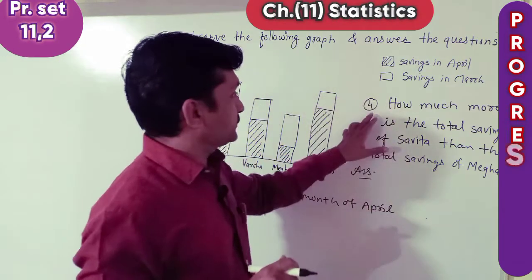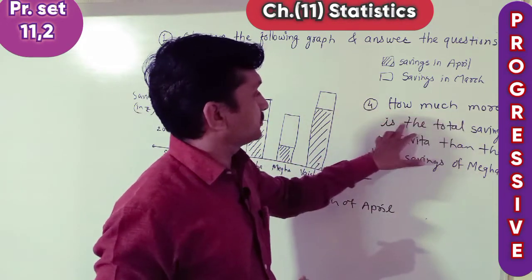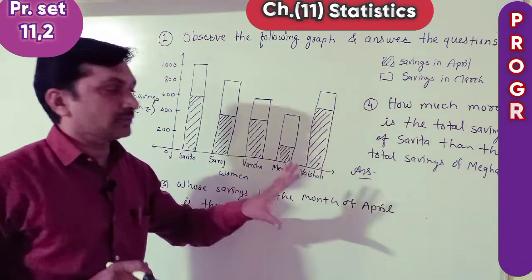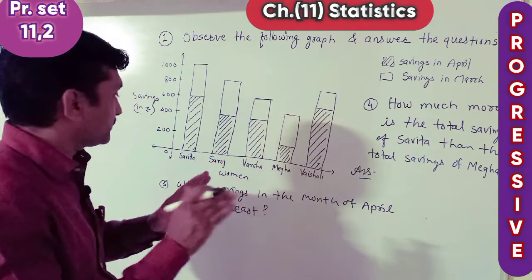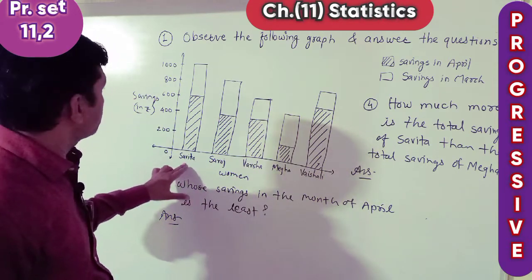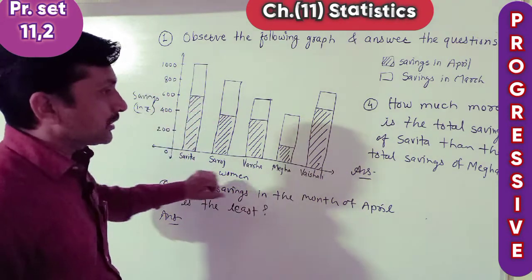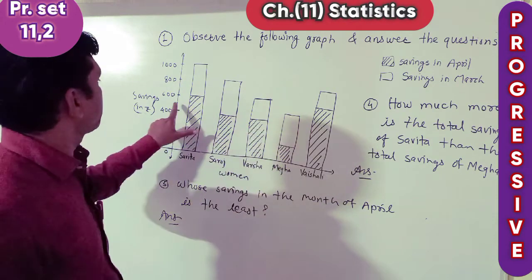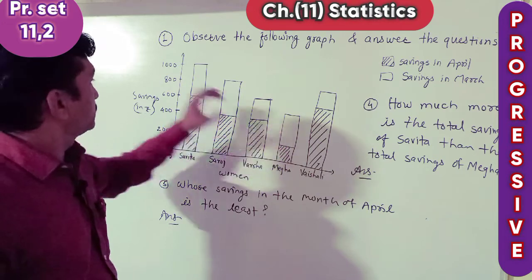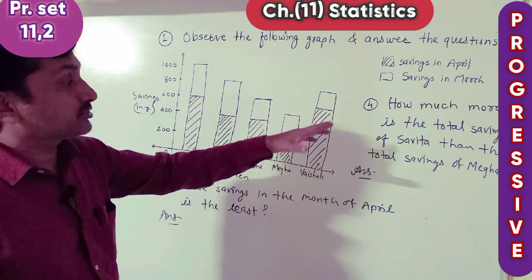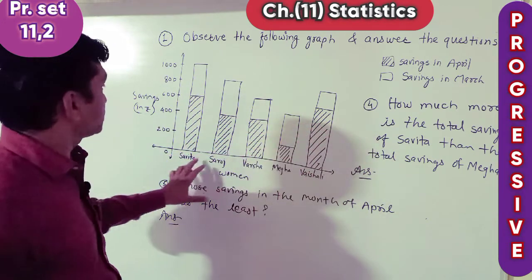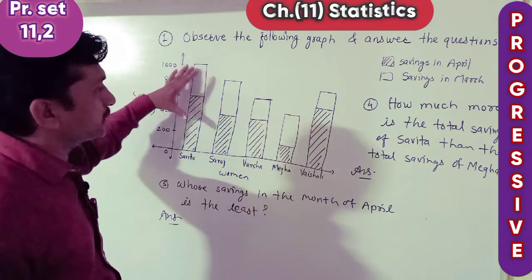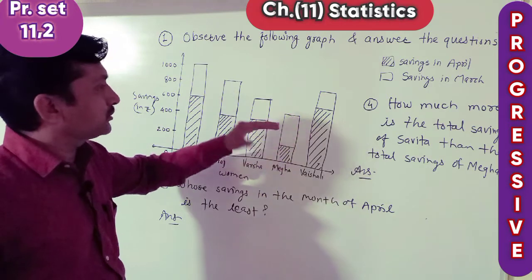Now the fourth question is: how much more is the total savings of Savita than the total savings of Megha? It means we have to compare Savita and Megha. Savita's total saving is 1000 and Megha's total saving is 500. We want how much more is Savita's total saving, so it is by 500, because Savita's saving is 1000 and Megha's saving is 500.